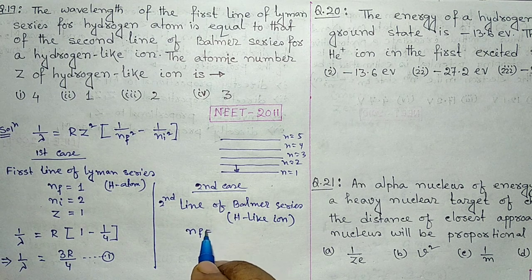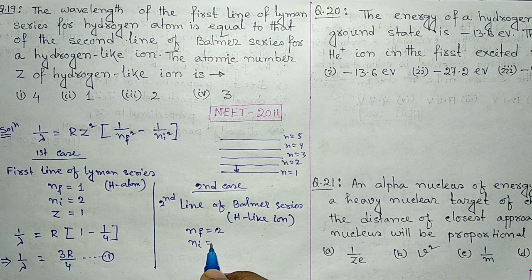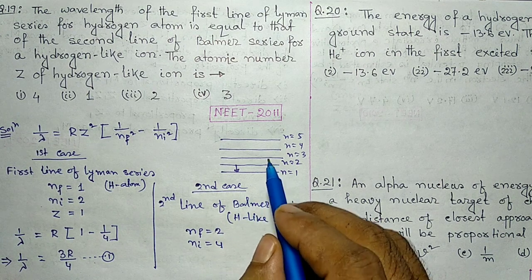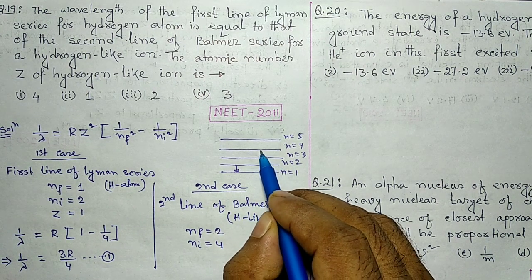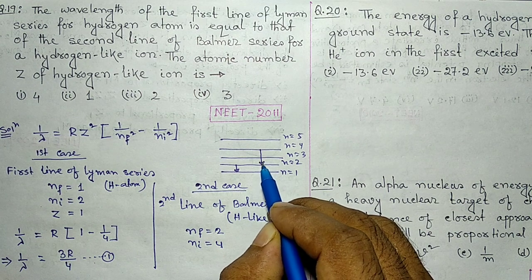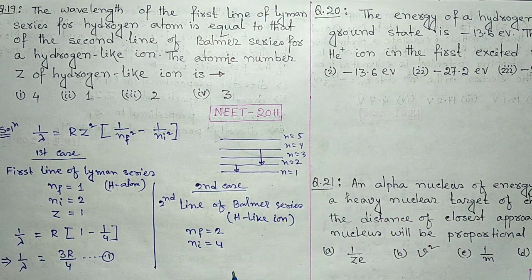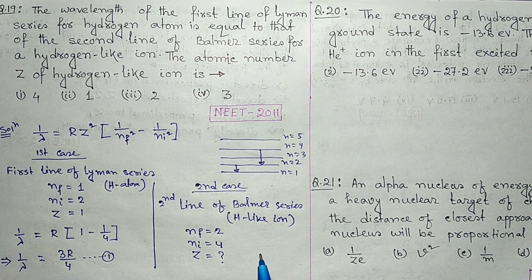Balmer series means NF is equals to 2. Second line means Ni is equals to 4. So it is like that. This is the second line of the Balmer series. Now we have to find out Z is equals to what? Z is the atomic number of that hydrogen-like ion.